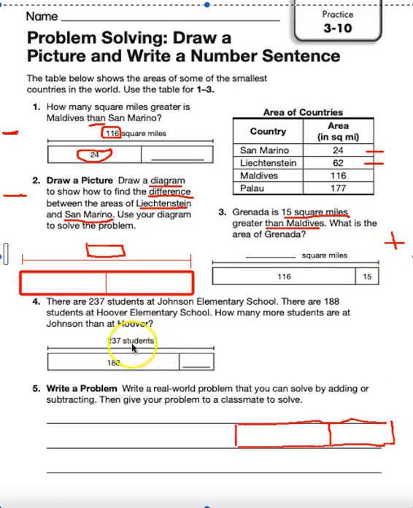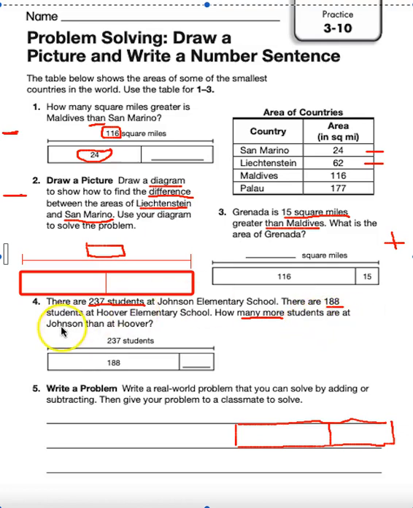In all, if they give you the in all, it's subtraction. If they don't give you the in all, it's going to be addition. So, look down here. There were 237 students, I'm going to highlight that or underline it, at Johnson Elementary School. There are 188 students at Hoover Elementary School. How many more? There's a key word. Two keywords.